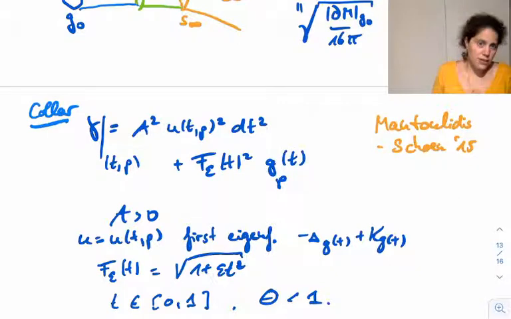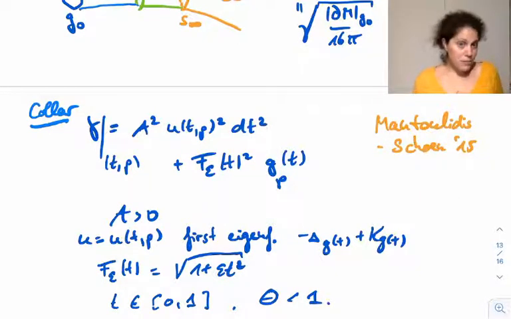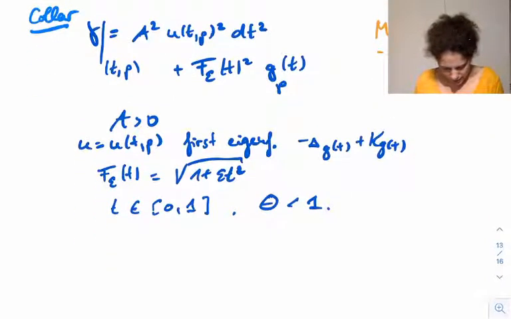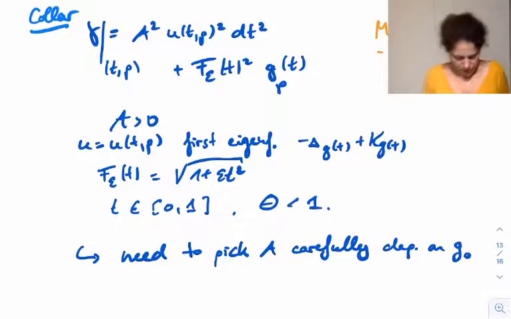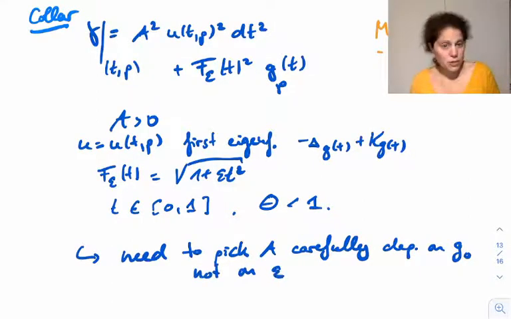What we need to control in order to get our estimates in this collar region is that we need to pick A carefully, depending on g_0, not on epsilon. Epsilon is the parameter, so in the sequence it would be not on k.